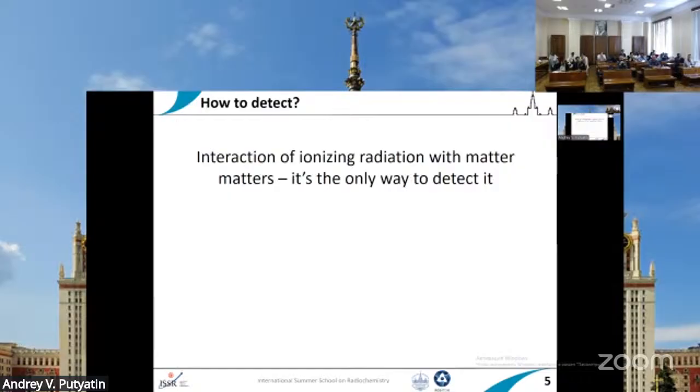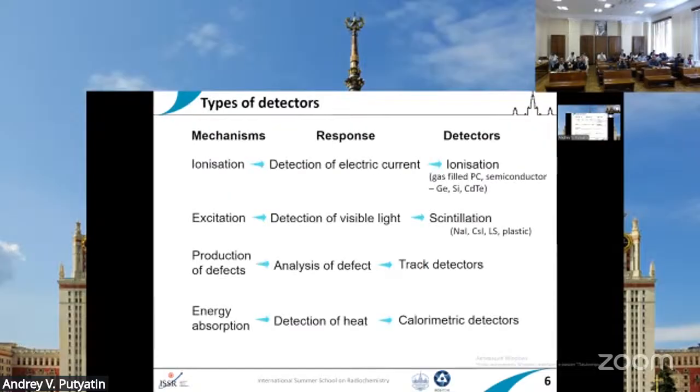We cannot see it or hear it or feel it with any of our organs, but only by interaction with other materials we can see or measure ionizing radiation. There are different mechanisms, or let's say results, of the interaction of ionizing radiation with matter. It is ionization, excitation, production of defects, and energy absorption.